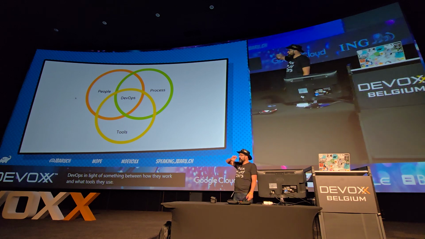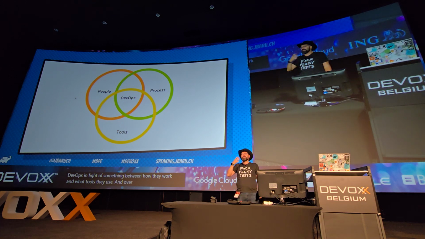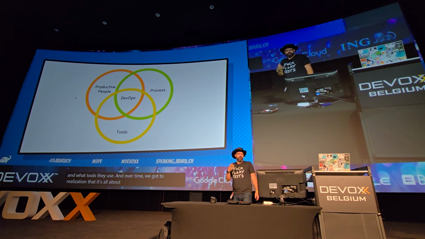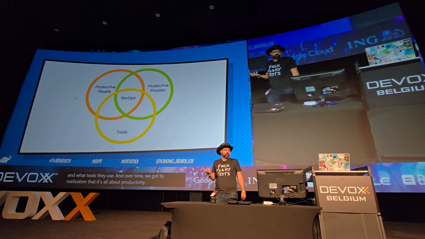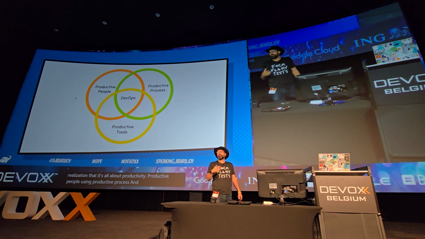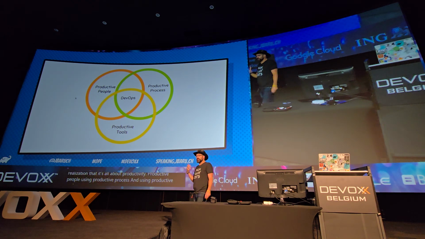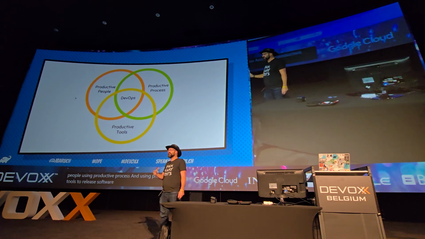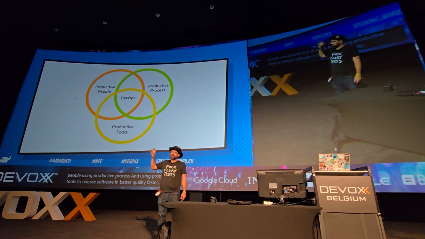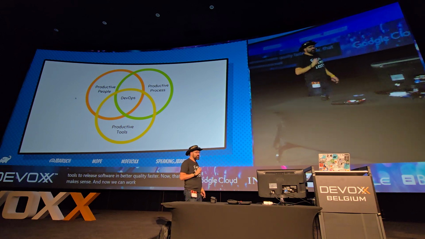And over time, we got to the realization that it's all about productivity. Productive people using productive processes and productive tools to release software in better quality, faster. Now that makes sense, and now we can work with that and implement those pieces.